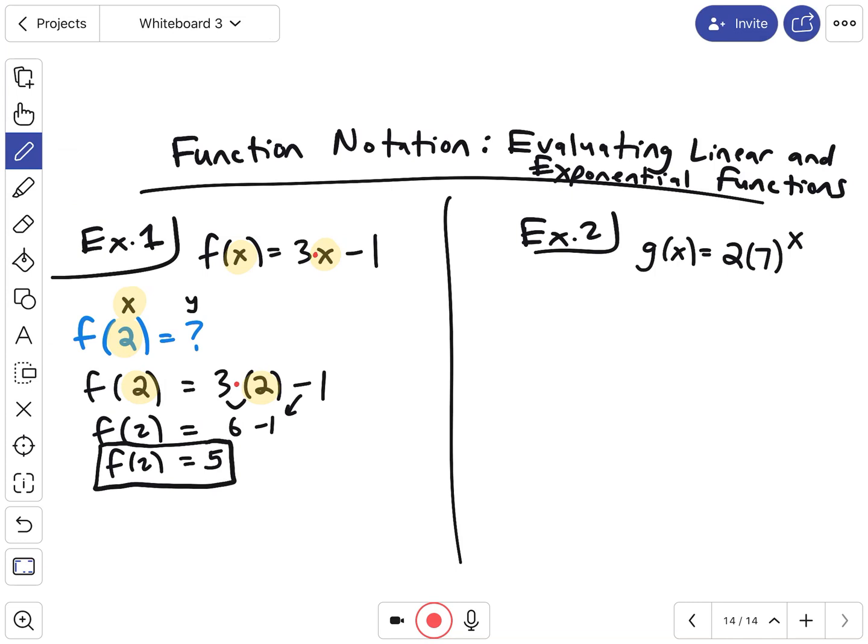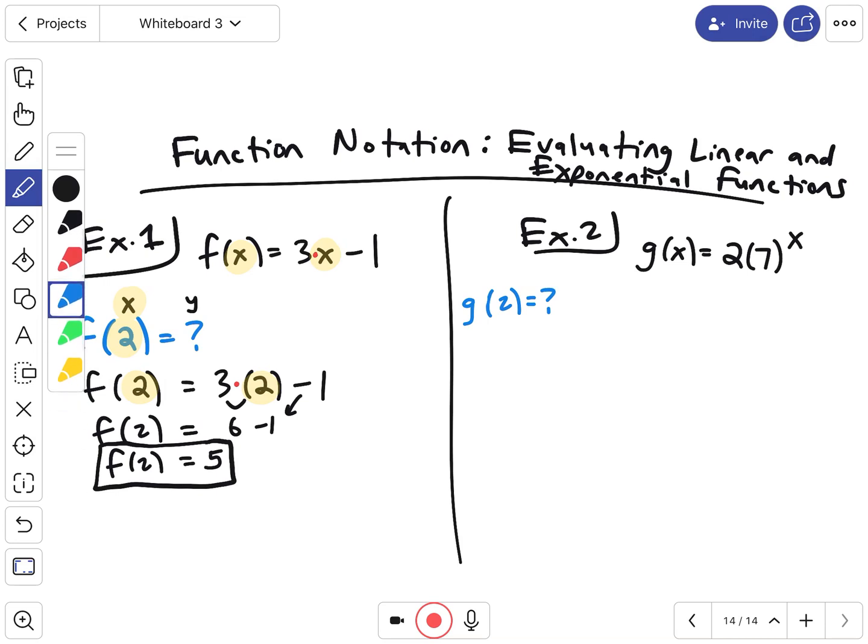So again, if you're looking on this side, if I say what is f of 2 equal on this side, I'm going to go ahead and, well, actually, this is not f, this is a g. So we name functions different letters because it's important to know whether you're plugging it into the one on the left or the one on the right.